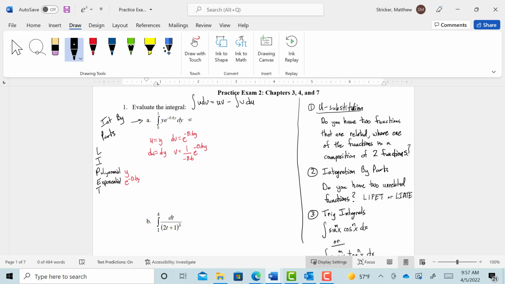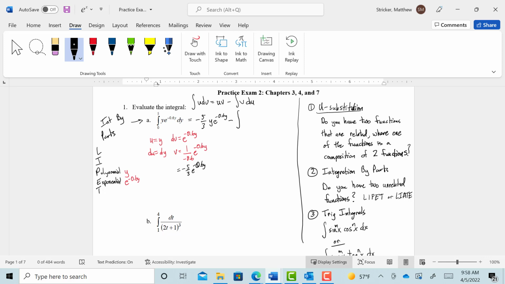So this right here is negative 5/3 e to the negative 0.6y. So we have negative 5/3, and we also are multiplying by u. So negative 5/3 y e to the negative 0.6y minus the integral of v du.